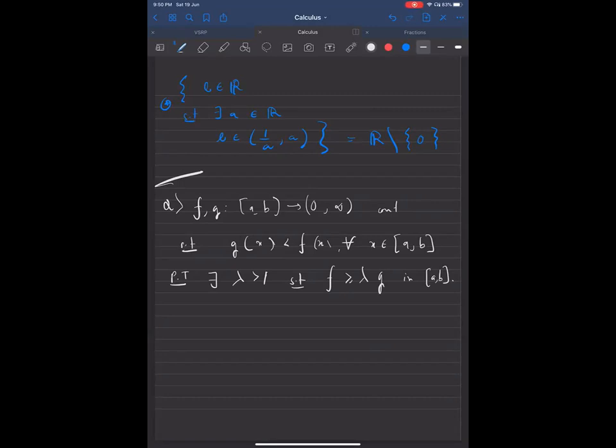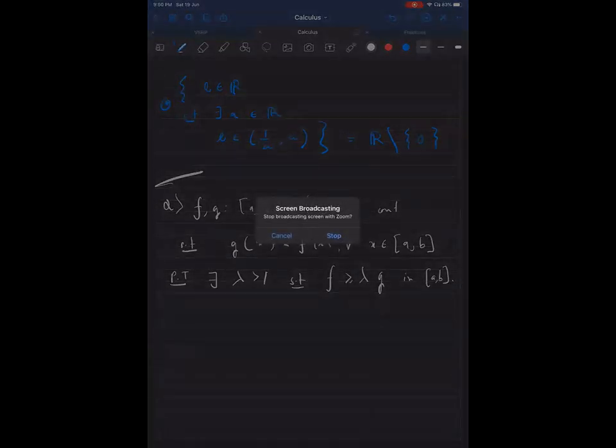It's very easy. Can we consider the function h of x as f x minus g x?